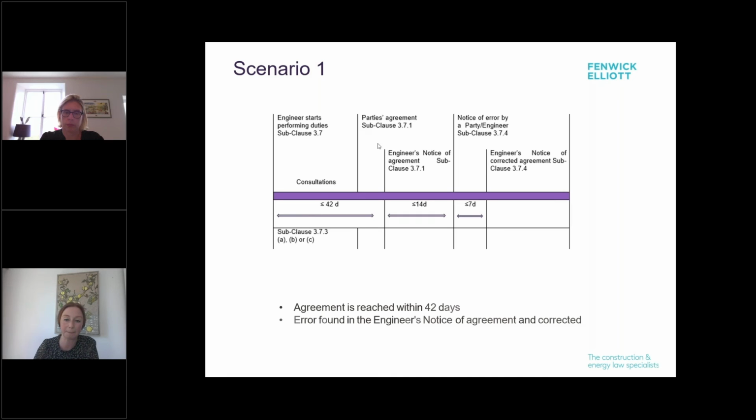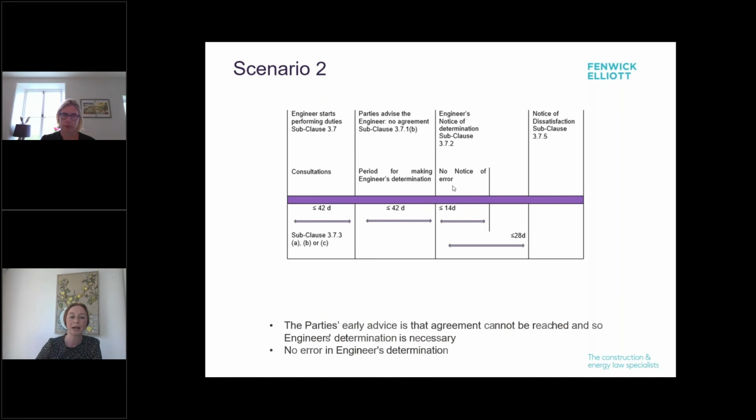But basically, the parties reach agreement in that 42-day period. The engineer subsequently issues a notice of agreement. An error is picked up within 14 days. It's corrected within 7 days. And that's the shortest the process would be, where there's then no notice of dissatisfaction issued, and the whole dispute is just wrapped up quite quickly.